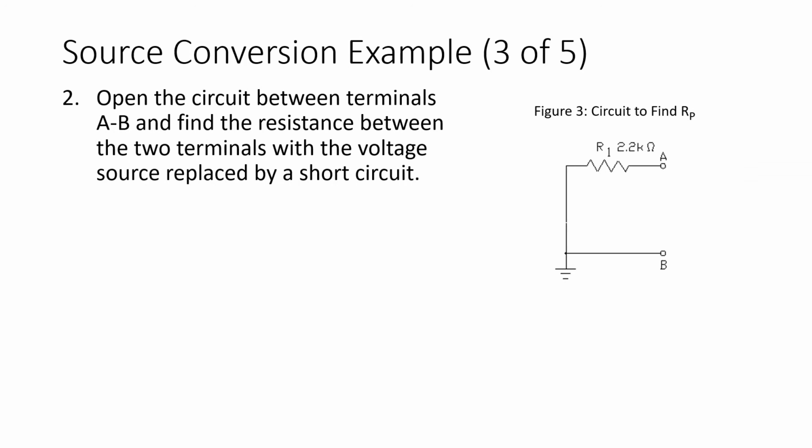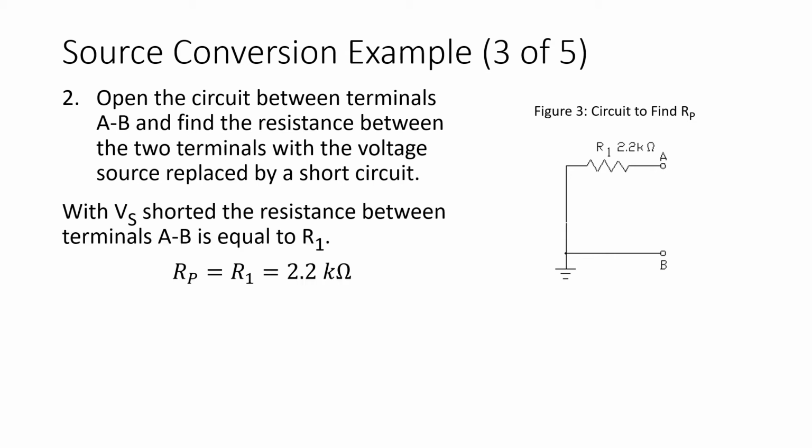Then we open the circuit between terminals A and B and find the resistance between those two terminals with the voltage source replaced by a short circuit. And certainly you can see in the circuit of Figure 3 that the resistance from A to B is only R1.